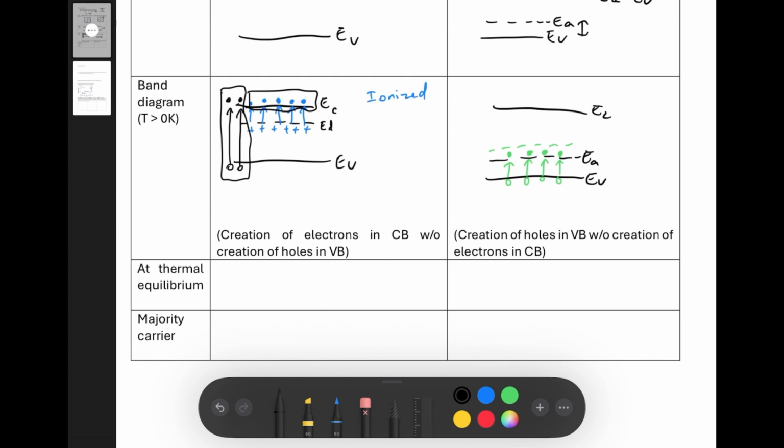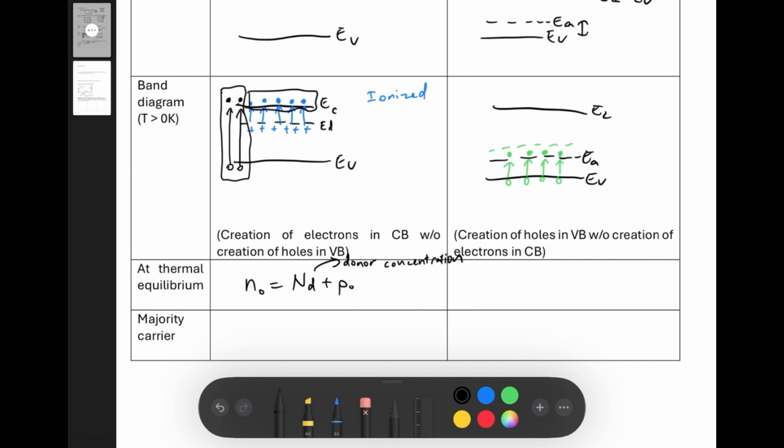So of course at thermal equilibrium, the electron concentration in the conduction band equals the donor concentration plus the hole concentration in the valence band. So this is the so-called donor concentration.